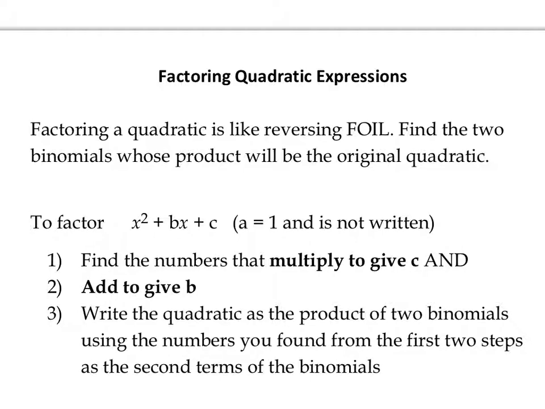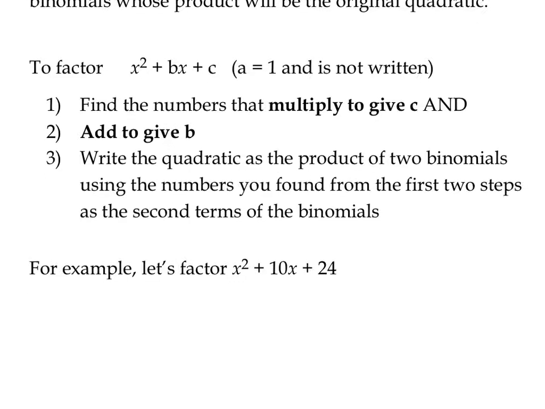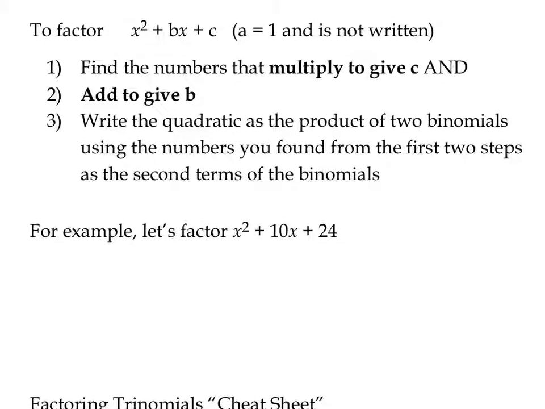So let's see some examples here. If we wanted to factor x squared plus 10x plus 24, we're looking for numbers that multiply to give us 24 and add up to 10. So to add up to a positive 10, there are going to have to be two positive numbers to multiply to give a 24.